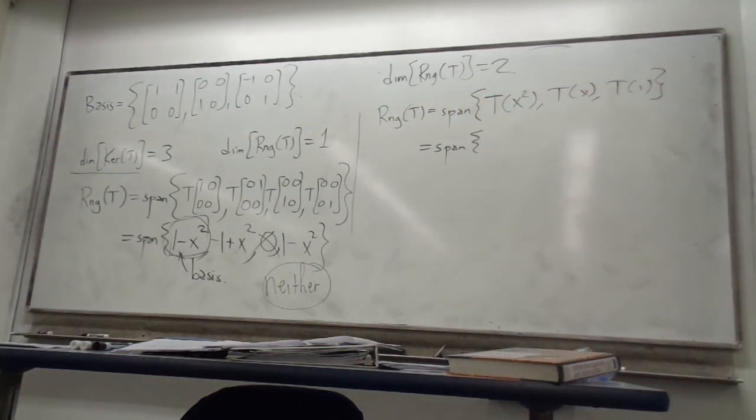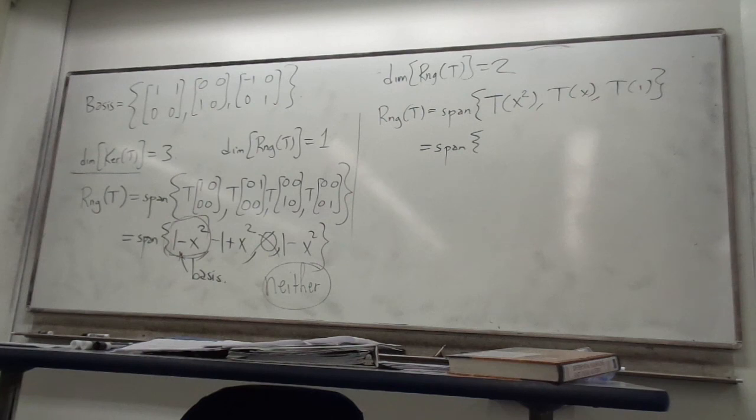Okay, so for the second one, when I want to transform x squared, I have to choose the right numbers for a, b, and c. So if I want to transform x squared, what am I going to put for a, b, and c here? One, 0, 0. Right.